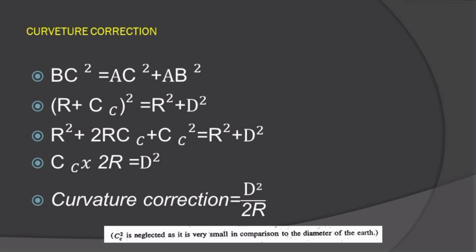And again, that is a multiplication, in order for us to get our answer, CC will be equal to, we move the 2 radius to the other side, so it becomes a division, and that our final equation for the curvature is equals to D squared over 2R.